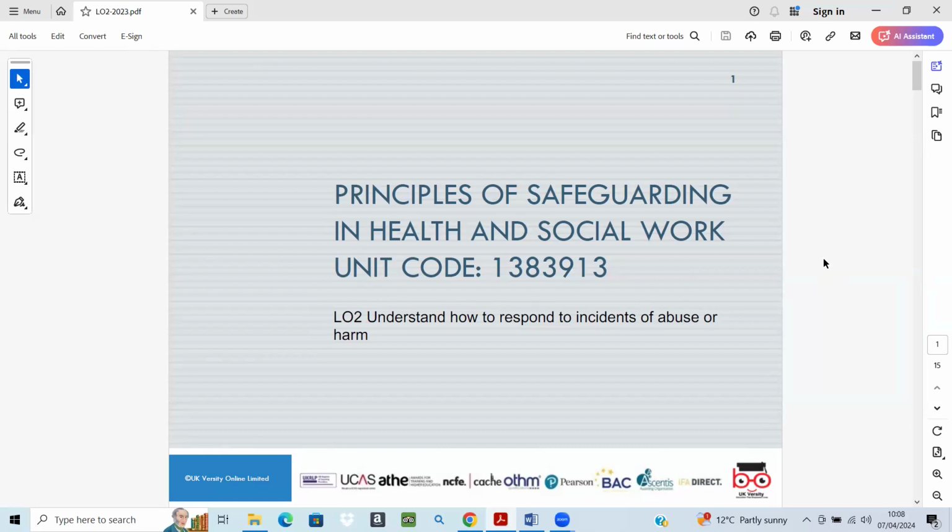Then we are accountable. Every person who works in the health or social care industry is accountable. We have to report incidents, abuse or neglect, which we are discussing right now.